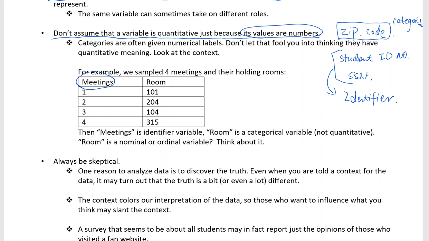I don't think it is a time series variable. It is not recorded over time. So just choose whether it is categorical, quantitative, or identifier. Are these responses categories?